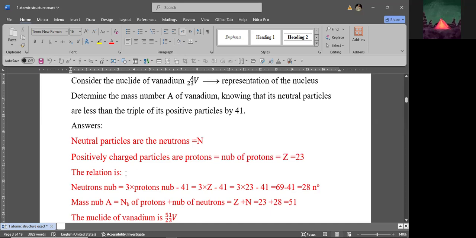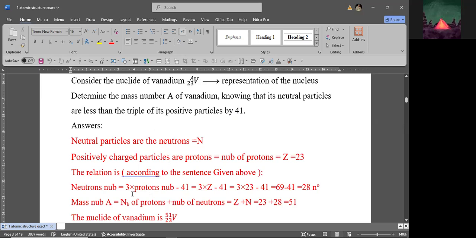The relation is according to the sentence given above in the text. The neutrons number, he said, is less than the triple of its protons.